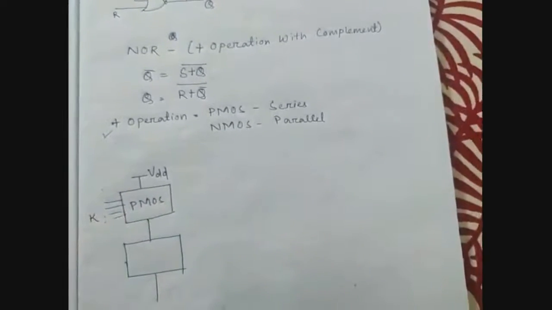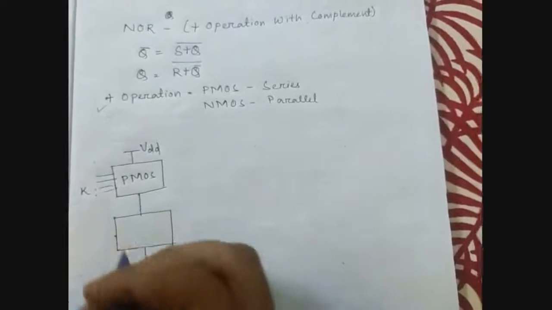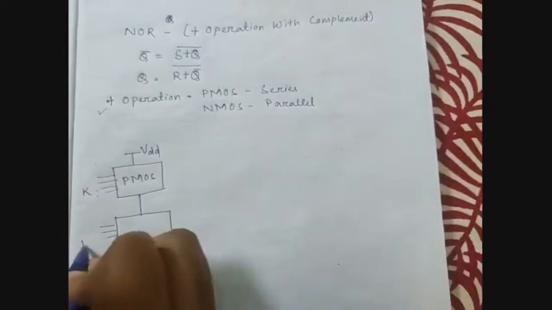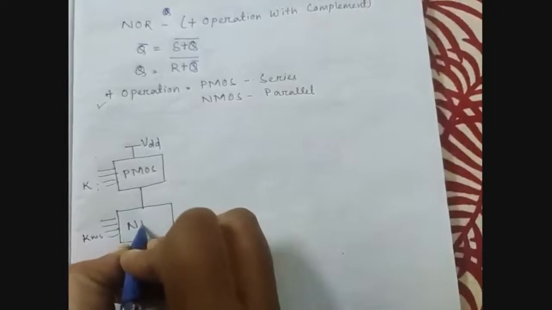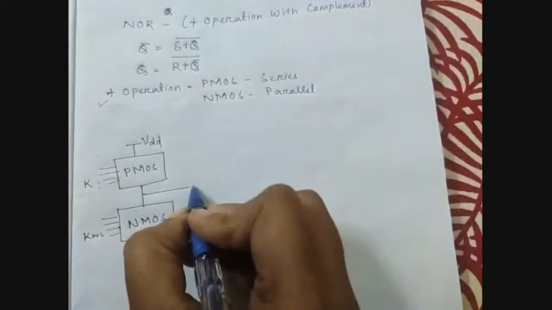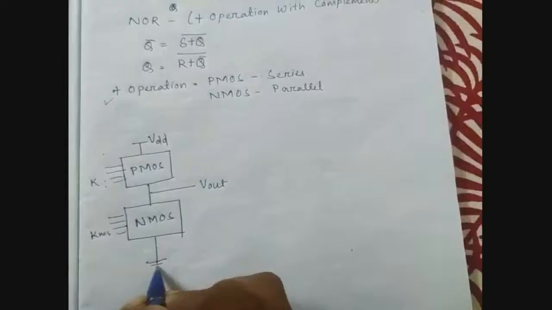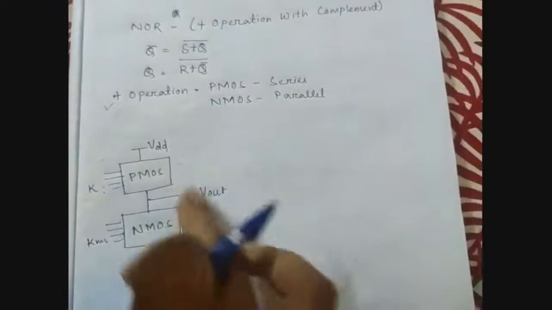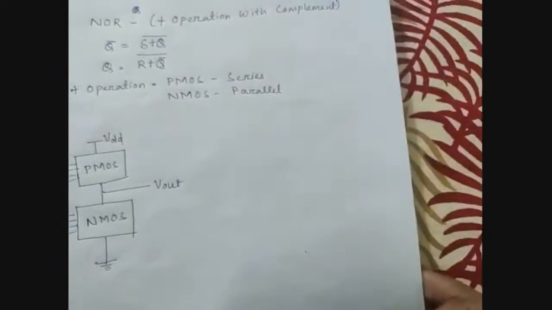Means as per the equation given, we draw the diagram like this. Here also K numbers of inputs, and this one is the pull-down network, consisting of NMOS transistors. Here we take the V out, and this one is the ground. So as per this structure, we draw the SR latch.